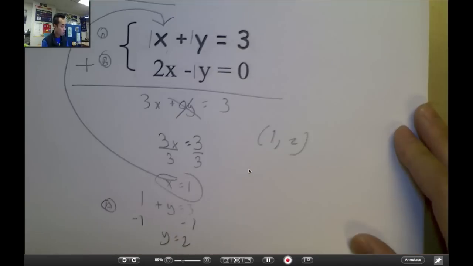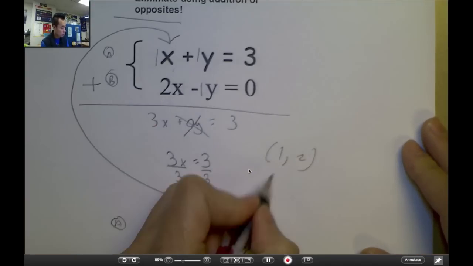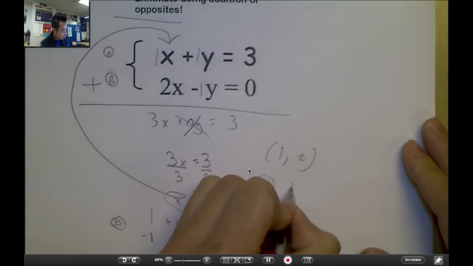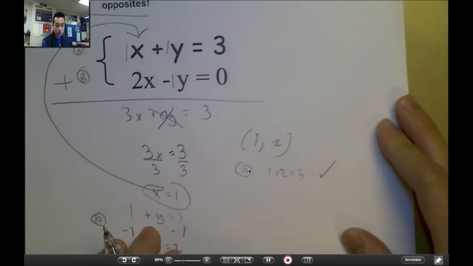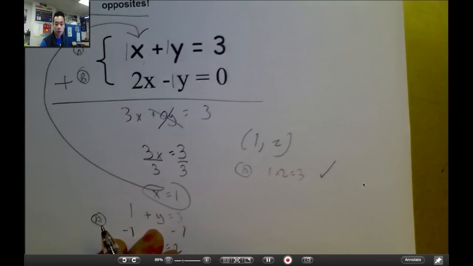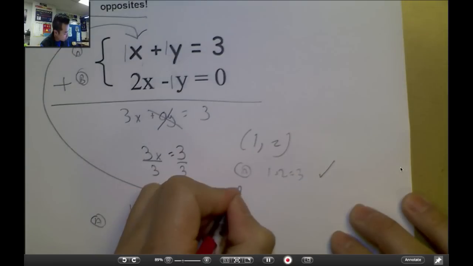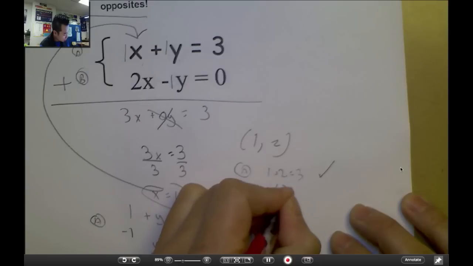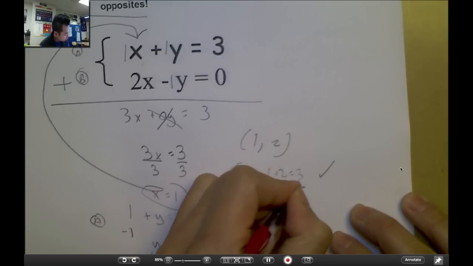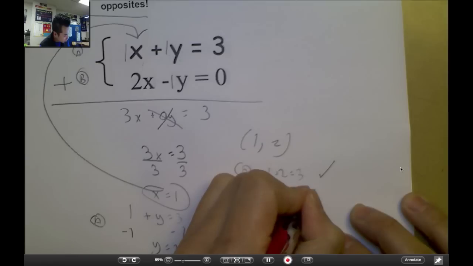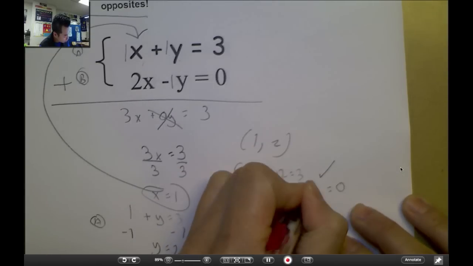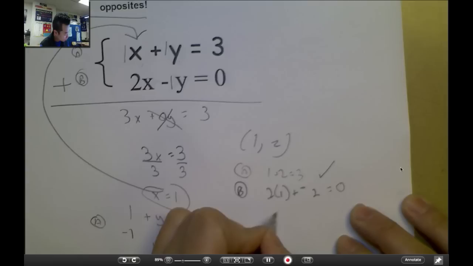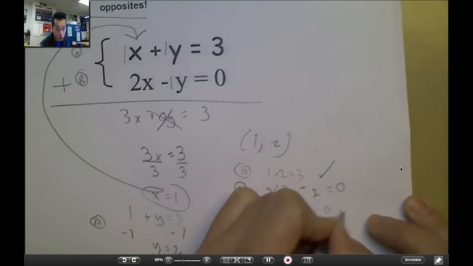And I better make sure that it works for each of these. So here's equation A. 1 plus 2 equals 3. Check. Equation B. 2 times 1 plus negative 2 is equal to 0. So 2 times 1 is 2, minus 2 is 0. Check.